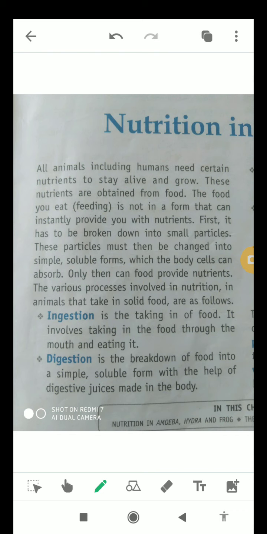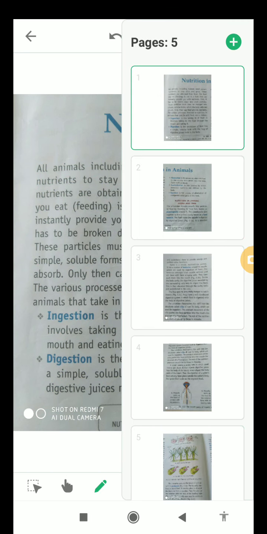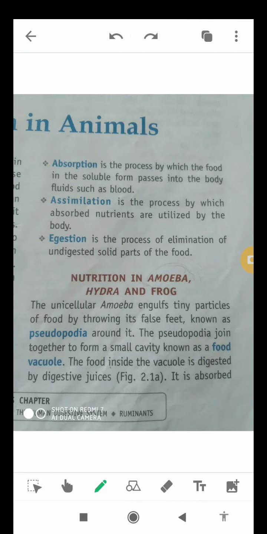Digestion is the process of breaking down of food into simple and soluble form with the help of digestive juices. What is the function of digestive juices? They make the food soluble, and they make the food wet as well. Okay students, for the body. Next step is known as absorption.